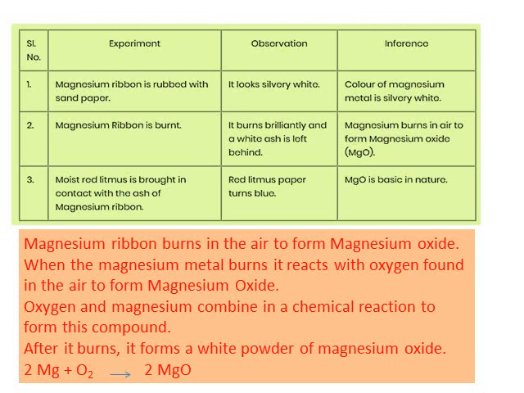Moist red litmus is brought in contact with the ash of magnesium ribbon. We have two litmus papers, red litmus and blue litmus. The nature of the litmus is that an acid will turn blue litmus to red. On the contrary, a base will turn red litmus into blue.